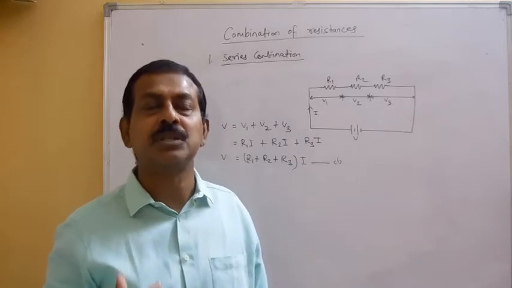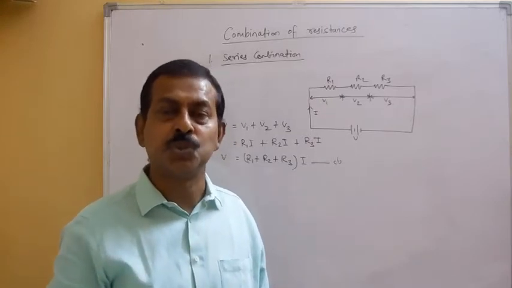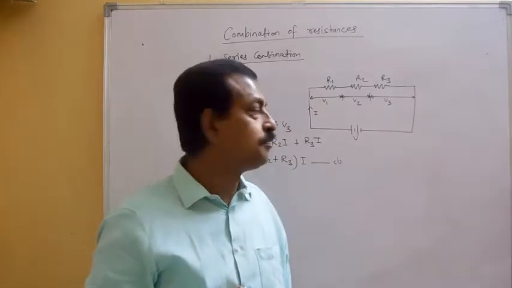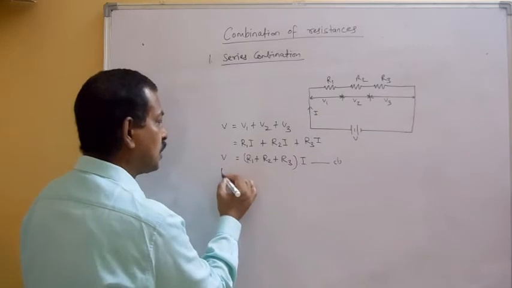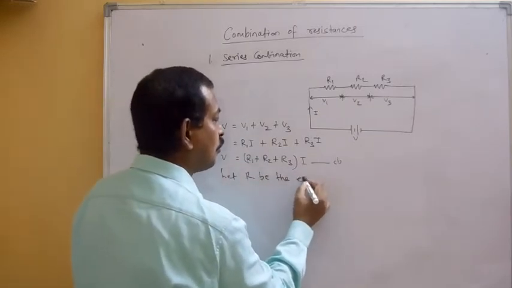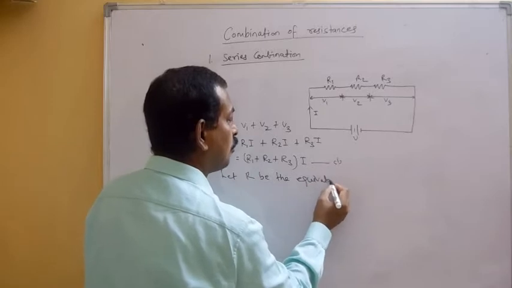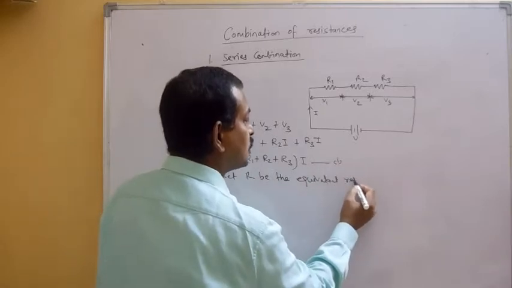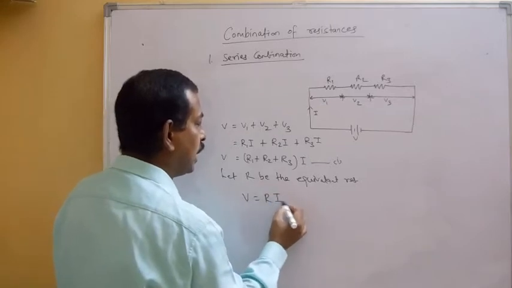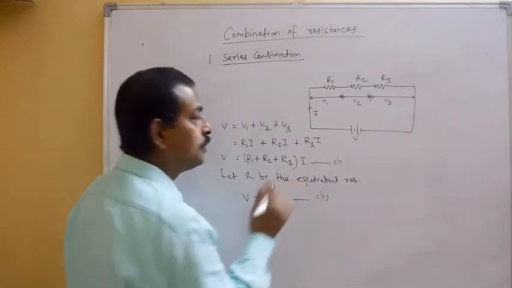That means it will be drawing the same amount of current from the source as it will be drawn by the given network there. So let capital R be the equivalent resistance. Therefore, V will be equal to RI.